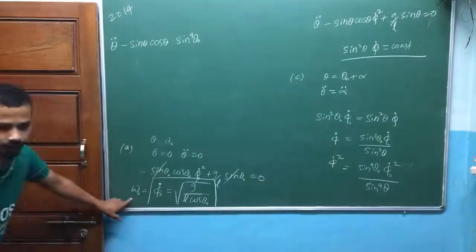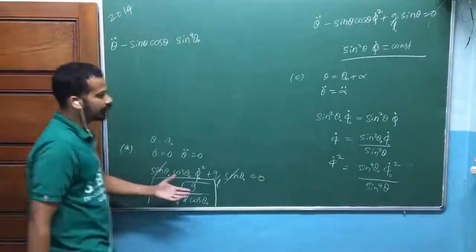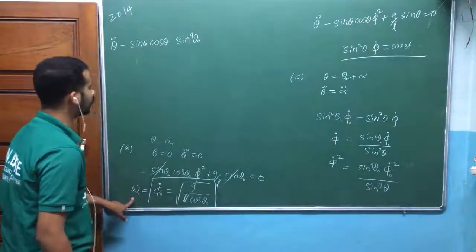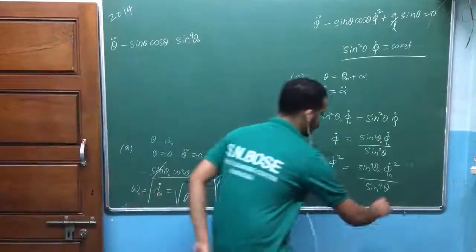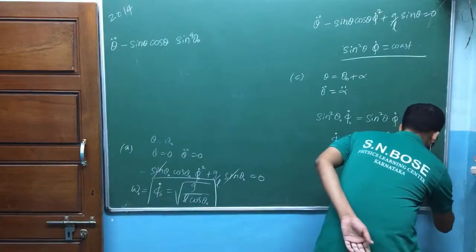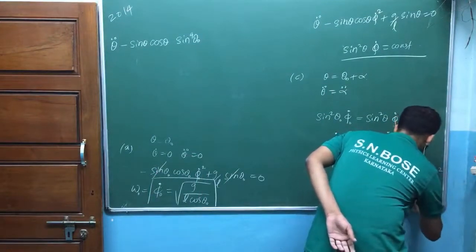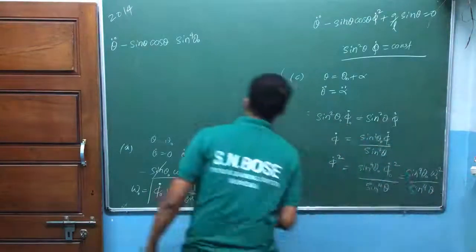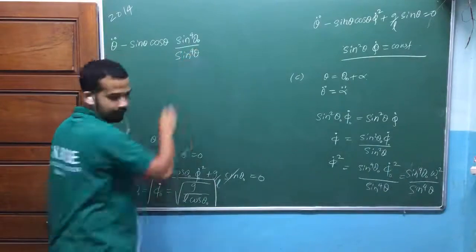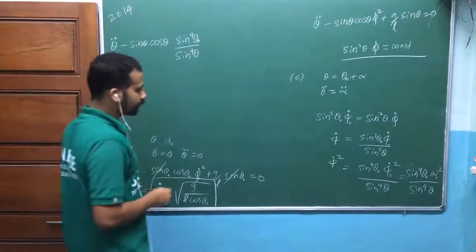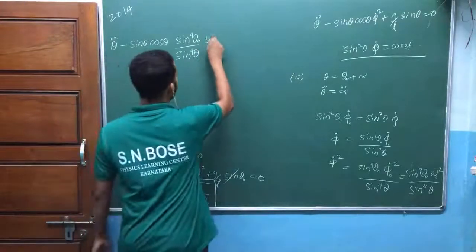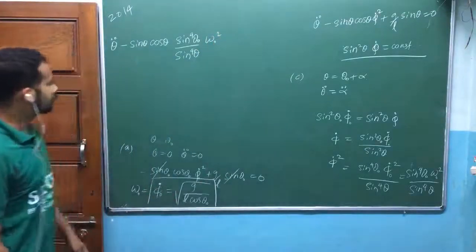I'll just call it omega naught because I always get confused with this phi naught and phi. Is that okay? This is equal to sine raised to 4 theta naught into omega naught square whole divided by sine raised to 4 theta. That's equal to sine raised to 4 theta multiplied with omega naught square, because I feel comfortable with that one.